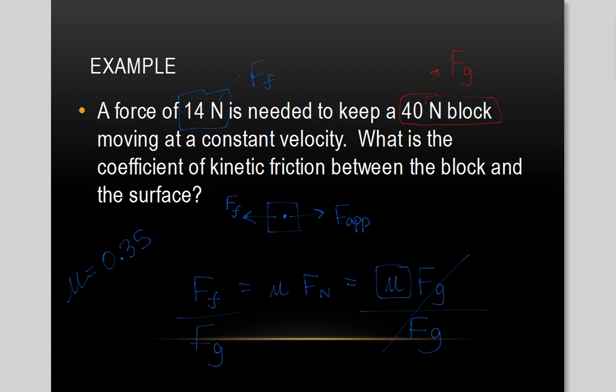The coefficient of friction has no units. Good observation, because what's happening in the numerator? Newton. What's happening in the denominator? Newton. Newton divided by Newton, they cancel. The coefficient of friction has no units. It's just a value.